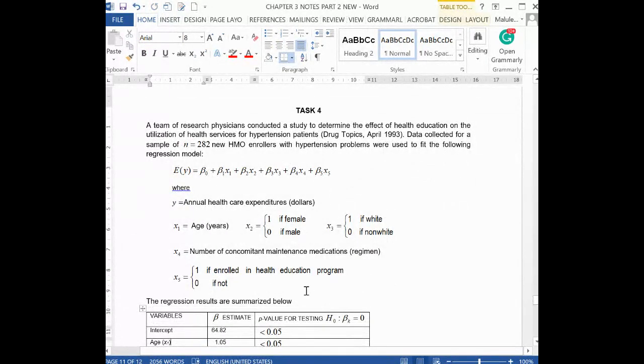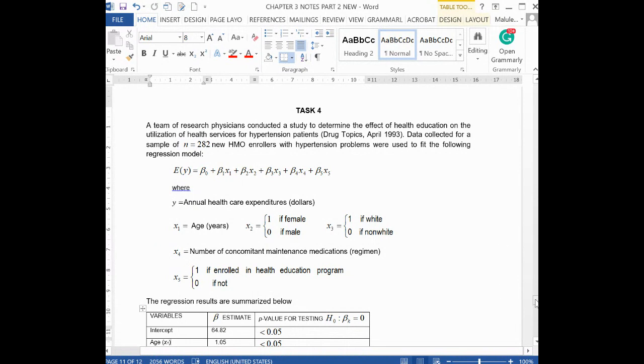You are given x1, which is continuous, x2 categorical, x3 categorical, x4 numeric, x5 categorical. You must understand this is related to dummy variables. Please go and try this example. Wherever you're getting some challenges, we'll discuss.